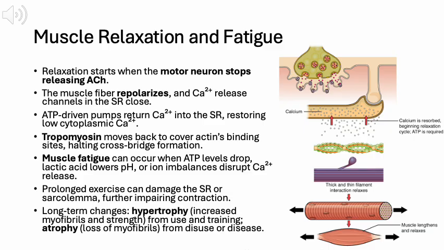The muscle fiber loses tension and relaxes. Fatigue can set in when ATP levels fall, lactic acid lowers pH, or ion imbalances disrupt calcium flow. Over time, training can lead to hypertrophy, an increase in myofibrils and strength. Disuse or disease leads to atrophy, shrinking fibers, and reducing muscle power.